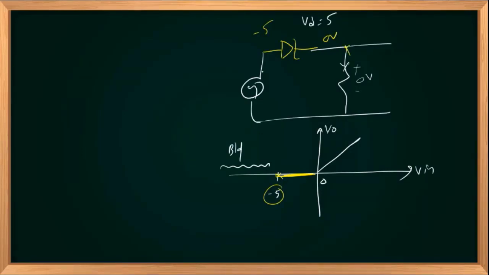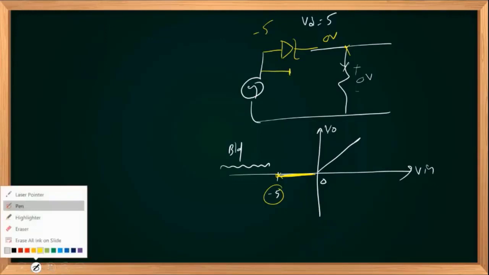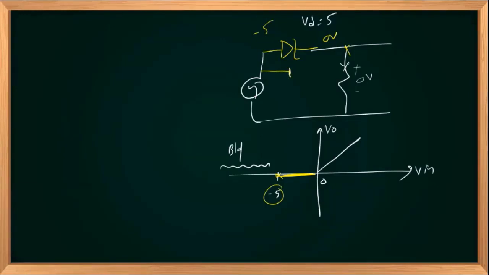Once it breaks down, you should replace the diode with the cathode positive, anode negative, 5 volts. So you are actually adding the 5 volts with the V in. V out is nothing but plus minus 5 plus V in. So if you are adding this, the y-intercept will be positive 5.